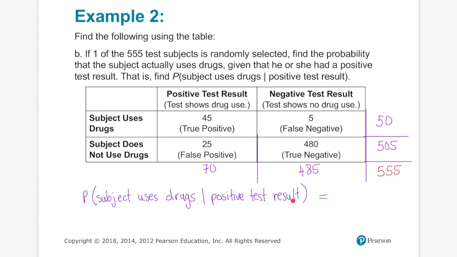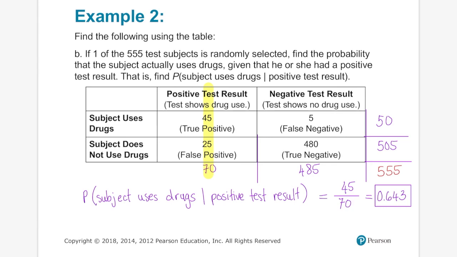I am going to narrow down to the group of positive test results only. The group of positive test result has 70 people. My probability will be out of 70. Out of these 70 people, how many of them actually use drugs? 45. And I get 0.643.